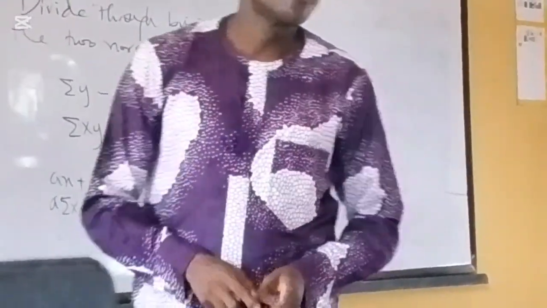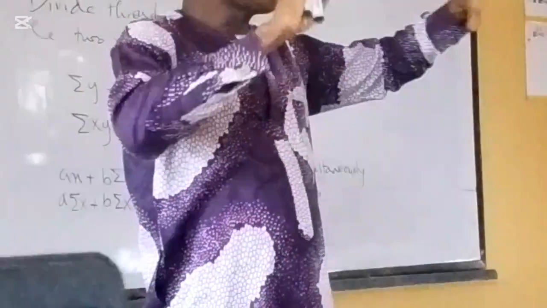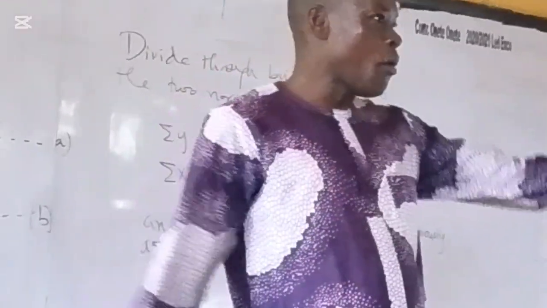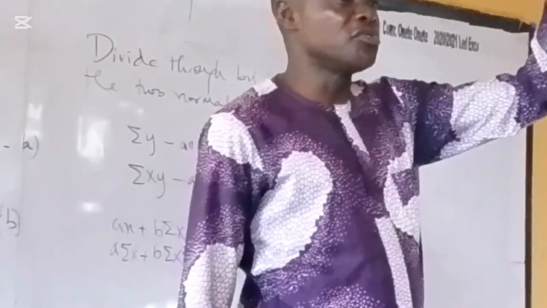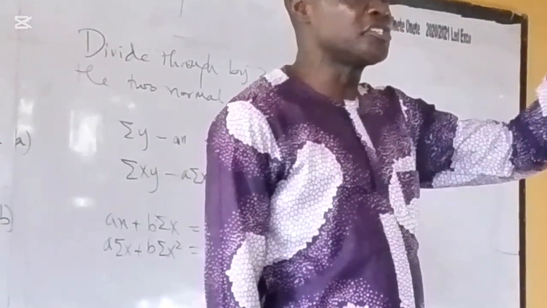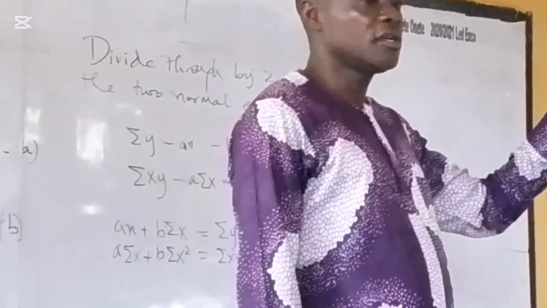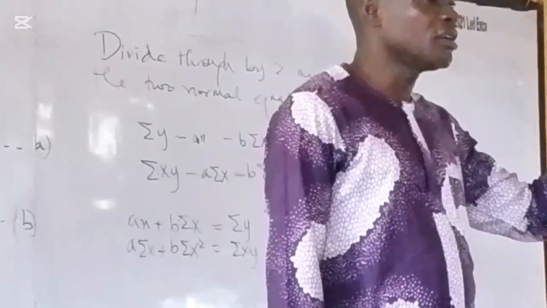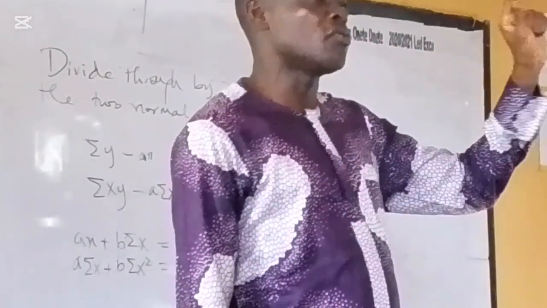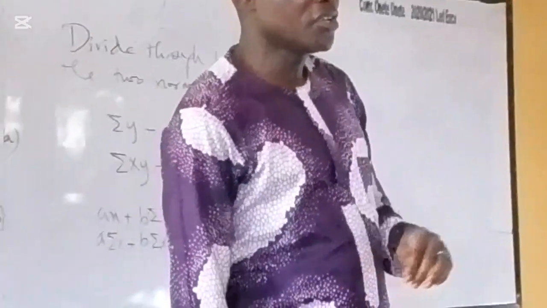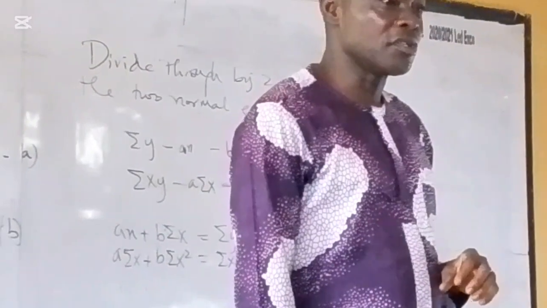At this point, we can introduce 4 different methods, or even more, of solving. Number 1, you would have known in secondary school the method of elimination. You can use the method of substitution, the graphical method, and then another method which we call the determinant method.